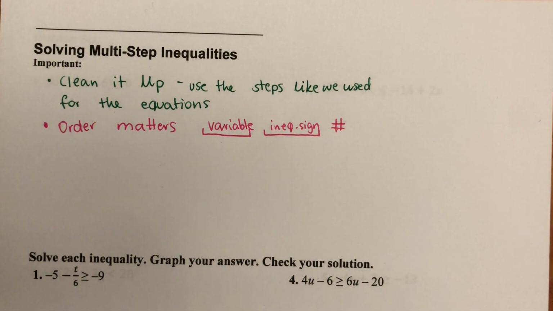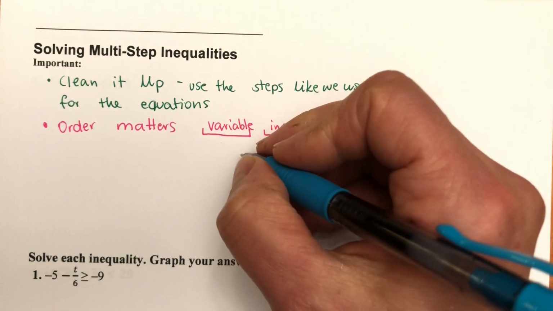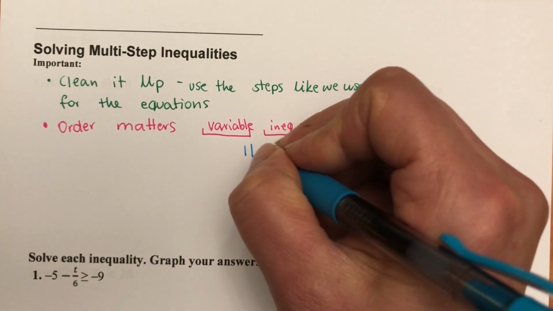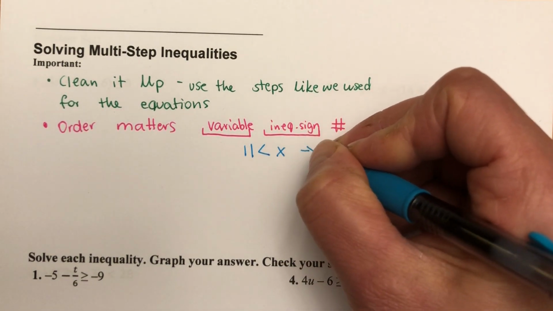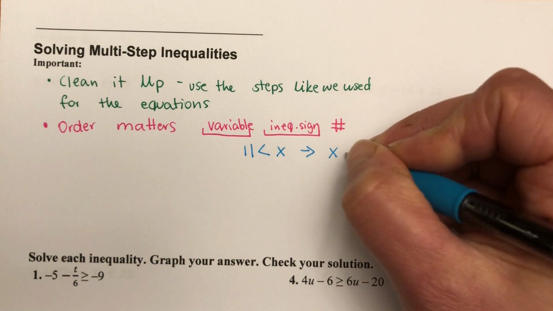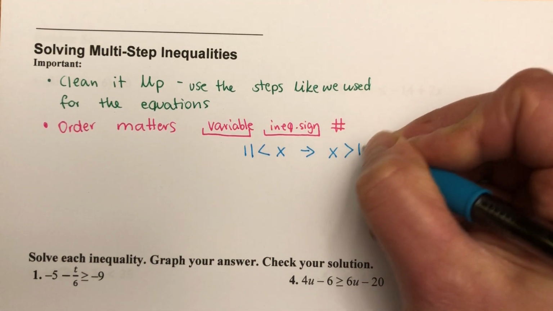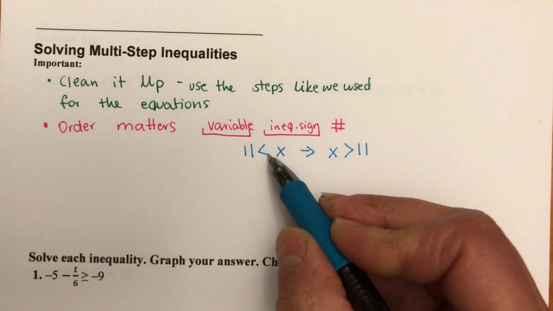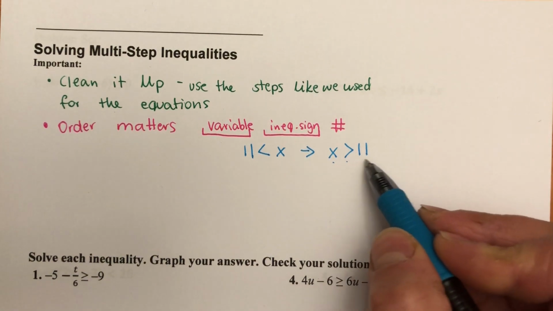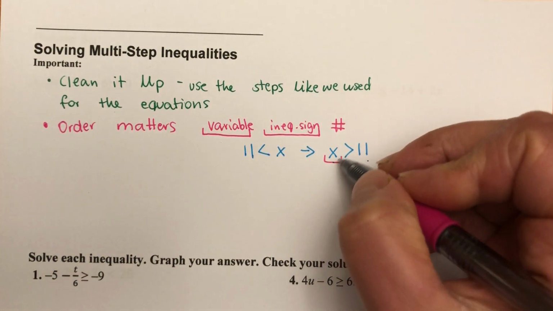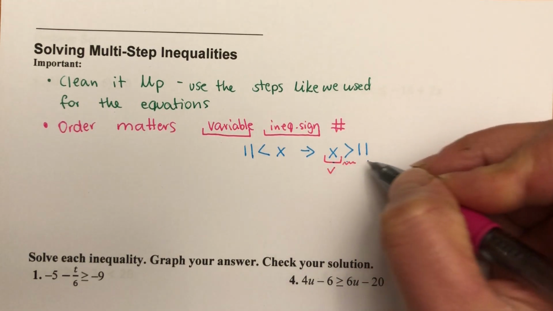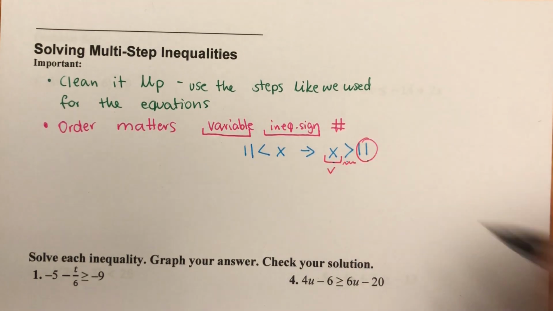So, for example, if you get something like 11 is less than x, I want you to rewrite this as x is greater than 11. Read this: x is greater than 11. But the order matters. I want the variable first, the inequality sign, and then the number.